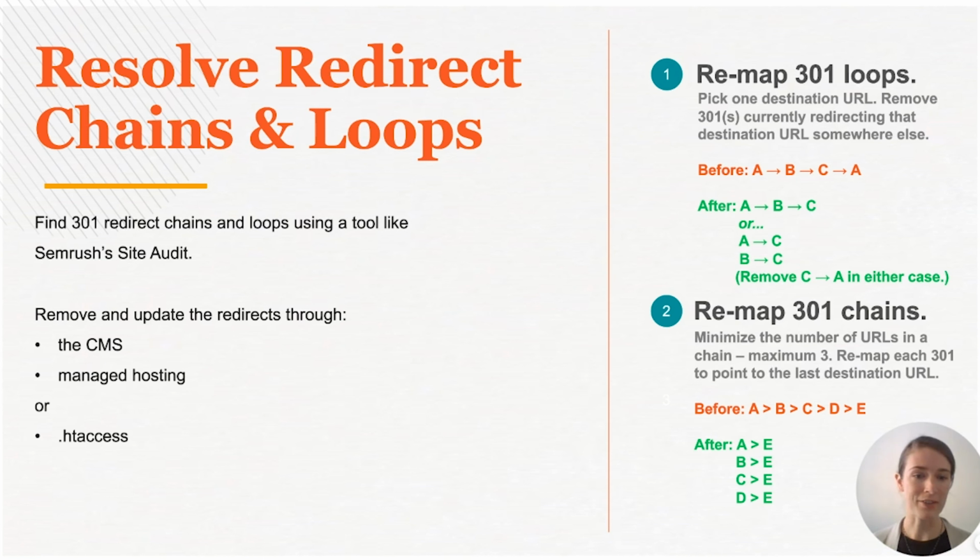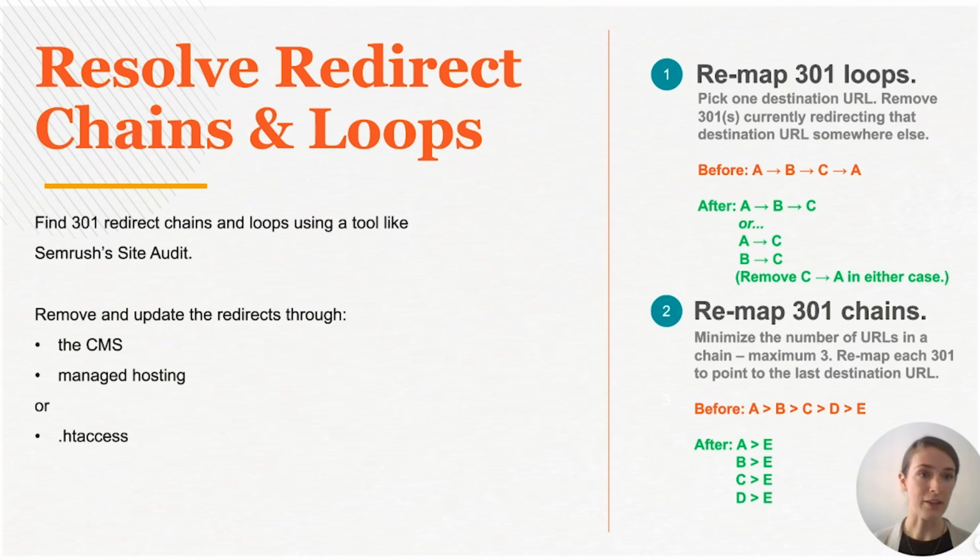So here's how to fix a redirect loop. First is decide what the destination URL should really be. In this example, in the top right, we are going to choose page C as our destination page. So we want to remove any 301s that are redirecting C to somewhere else.